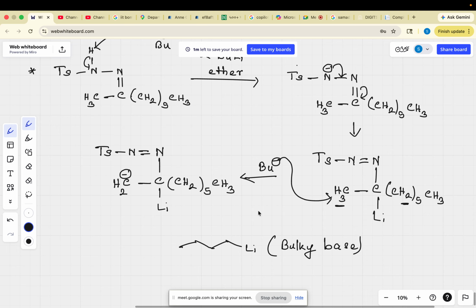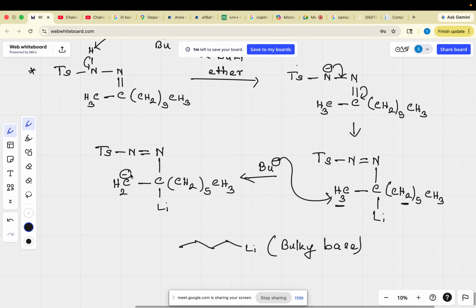Shapiro reaction or Bamford-Stevens? Shapiro reaction. So in Shapiro reaction, you will get the less substituted alkene. So that will be your main product.